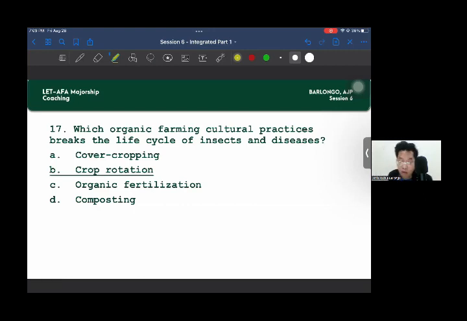So when we do crop rotation, you are ano tawag dito, changing the crop in your field every month siguro or every after the life cycle of the plant. For example, in a field, let's sige, illustrate.